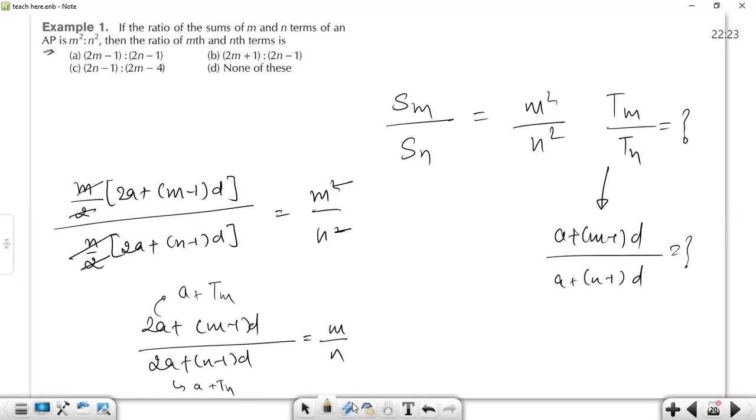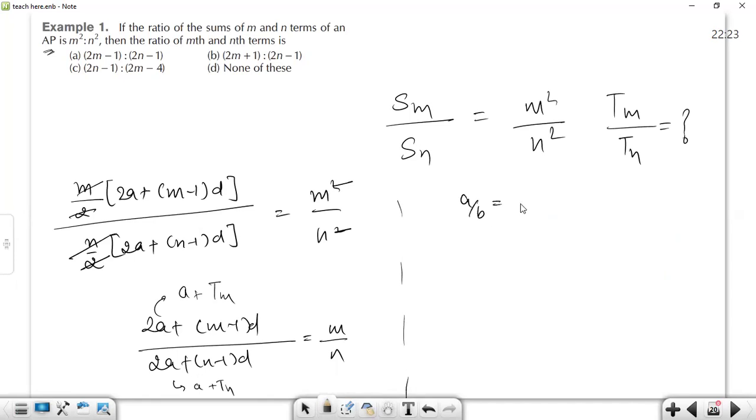And now let's apply the componendo dividendo rule on this. So if a by b equals c by d, then this rule says we can write (a + b) over (a - b) equals (c + d) over (c - d). This is what this rule says.